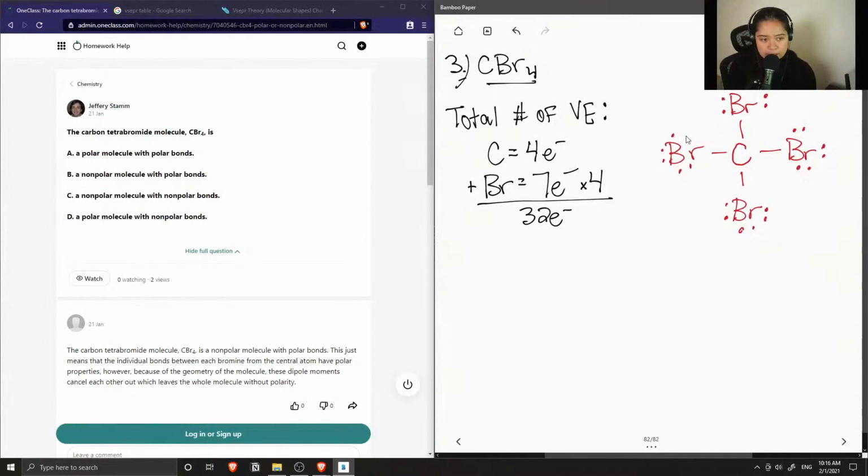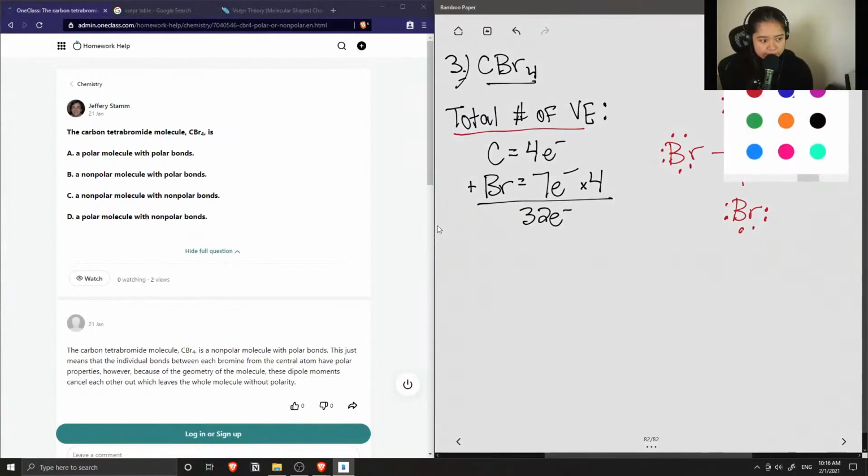If I count out how many electrons I've drawn so far, where each bond contains 2 bonding electrons, then we can see that I have my 32 total number of valence electrons. So I don't need to add any more, and I know that this is my final Lewis structure.